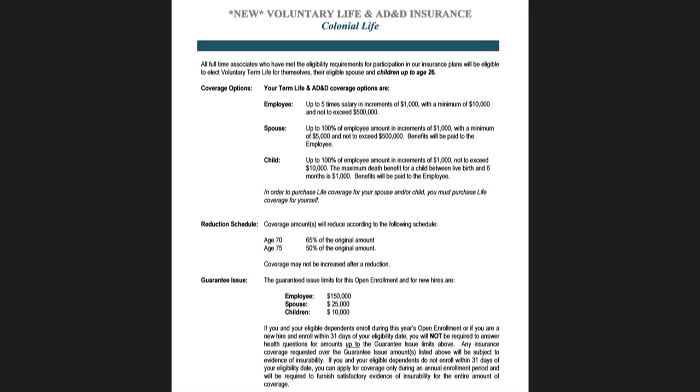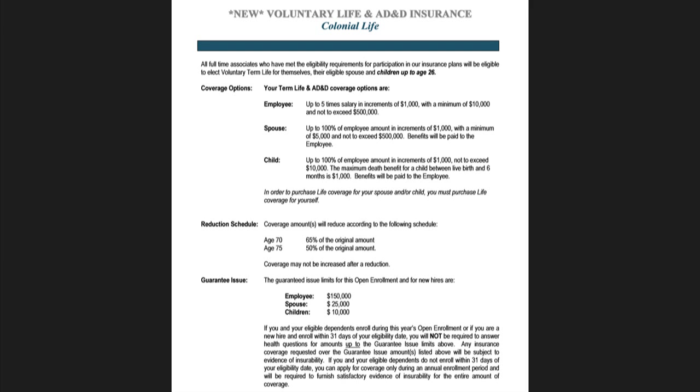The most important detail to understand is that the guarantee issue limits listed will apply to all eligible employees, old and new, with this year's enrollment. In insurance terminology, it's referred to as a true open enrollment, but in layman's terms, this means that this will be your one and only chance to enroll for these benefits up to the guarantee issue limits with no health questions asked.